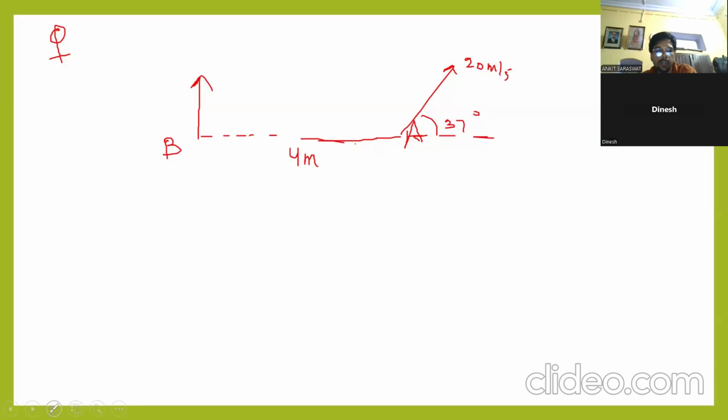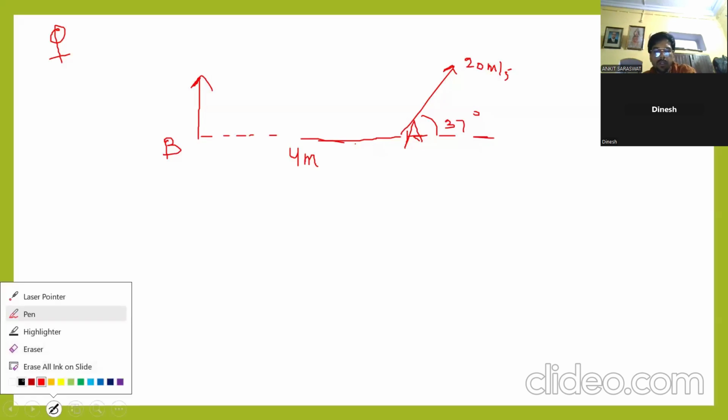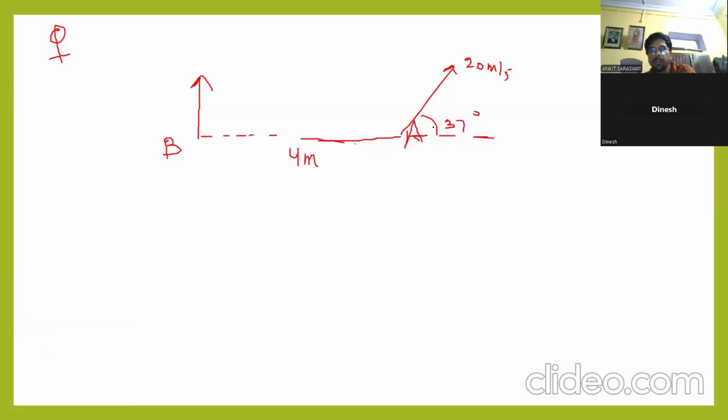You can take 20 cos 37, which is 4 by 5 times 20. This is 10 meter per second. Clear? My question is, listen, the observer is here only.